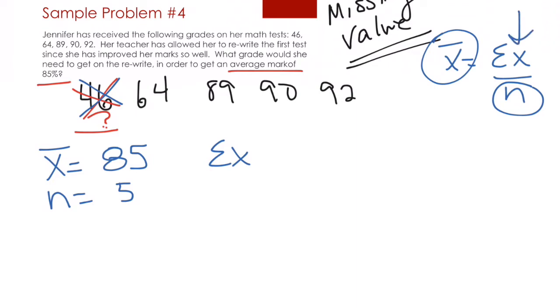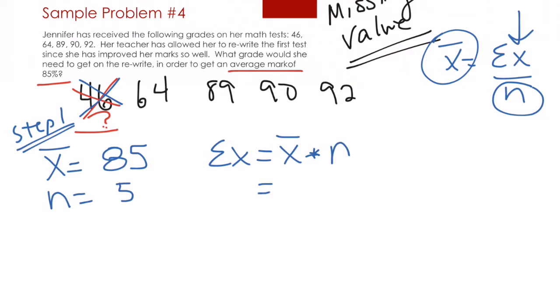So if we find that, then we can find the missing value. So to find our sum, we're going to rewrite that equation, and we're going to multiply our mean times the number of values that we have. And if we do that, then that will tell us what everything has to add up to. So this is step one. Okay, so find the sum.